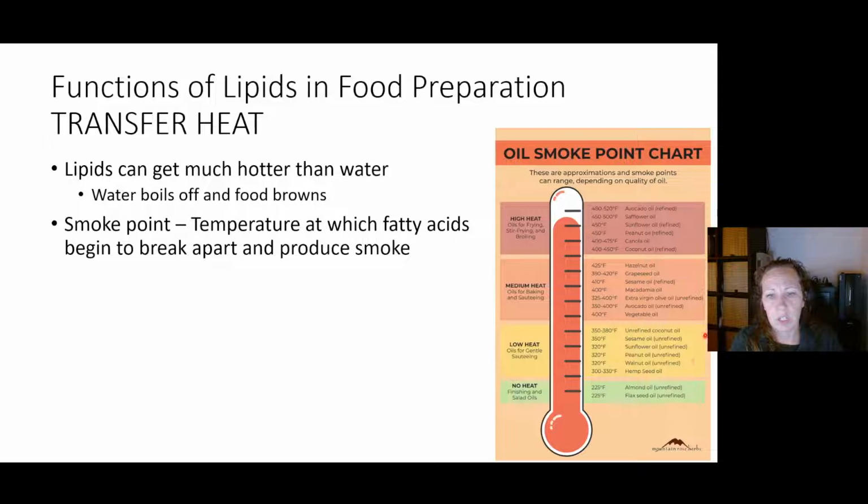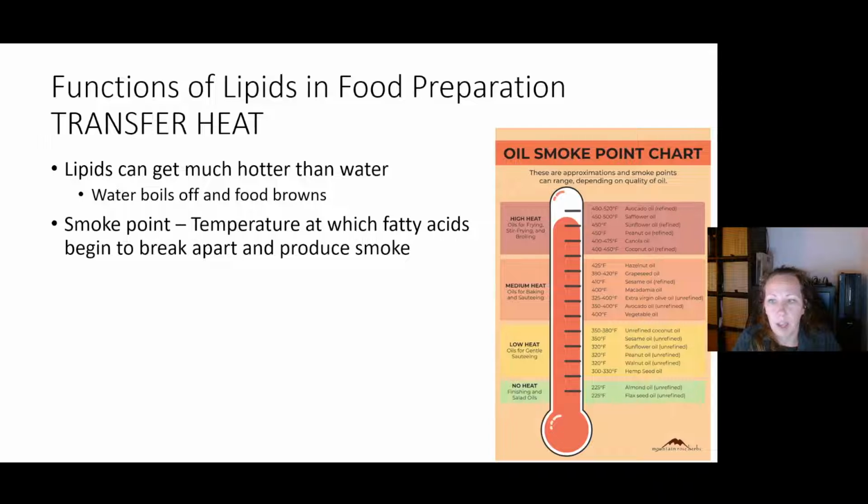Versus other oils like flaxseed or almond oil, you don't put that under any heat at all. You just toss it in your salad, because with any heat at all it will smoke and it's not going to taste good. Those breakdown products don't taste any better when they've smoked versus the hydrolytic rancidity.